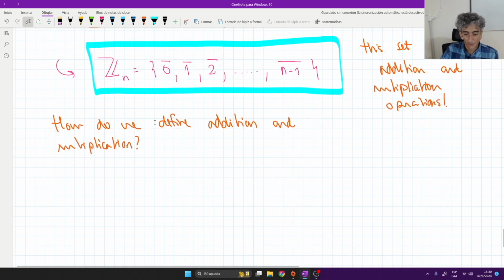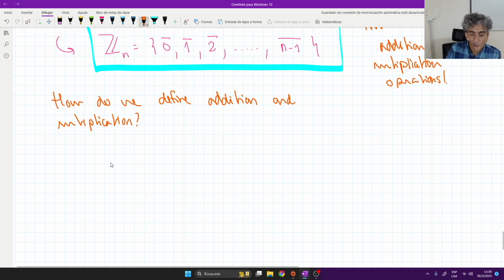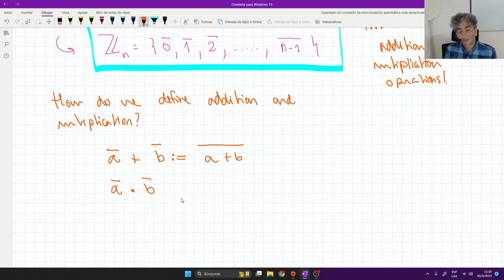Well, it's not complicated. Say you want to add the class of A and the class of B. How should we do this? We're going to define this as the class of A plus B. And how are we going to define the multiplication of equivalence classes?